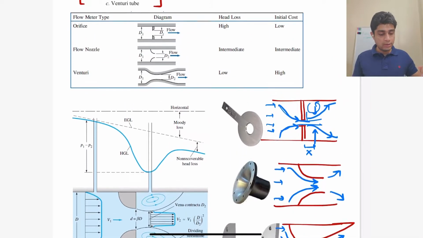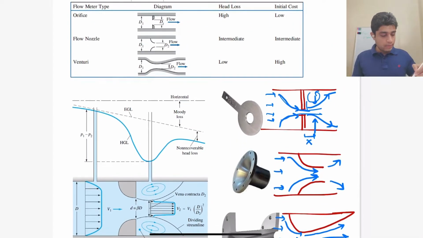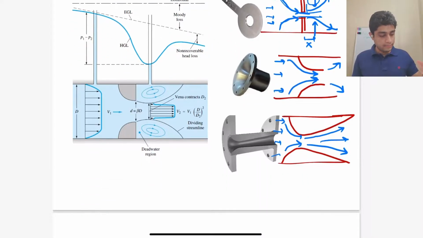or a flow nozzle. But the disadvantage of a Venturi meter is that its initial cost is very high, because it is a sophisticated design compared to the orifice or a flow nozzle. But the main advantage is that the losses are really low. So there is a trade-off here, and depending on what you are looking for, you might need to make a proper decision.